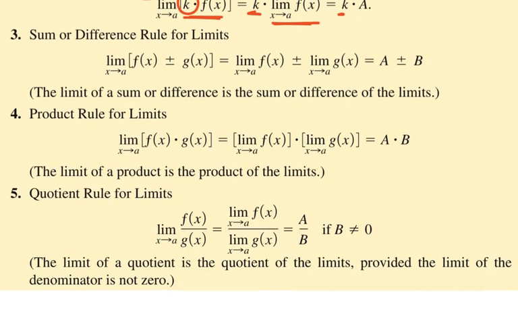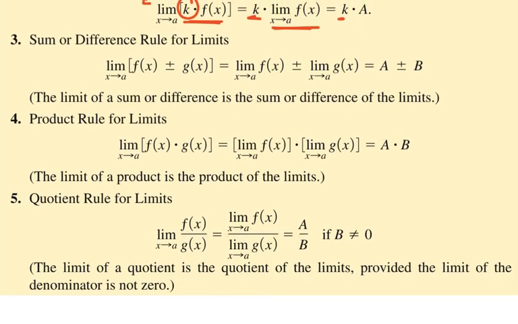Our third rule here is the sum or difference rule for limits. If I have the limit as x approaches a of some function that is made up of lots of separate terms, essentially what that says is I can split it at each plus or minus sign into separate limits.